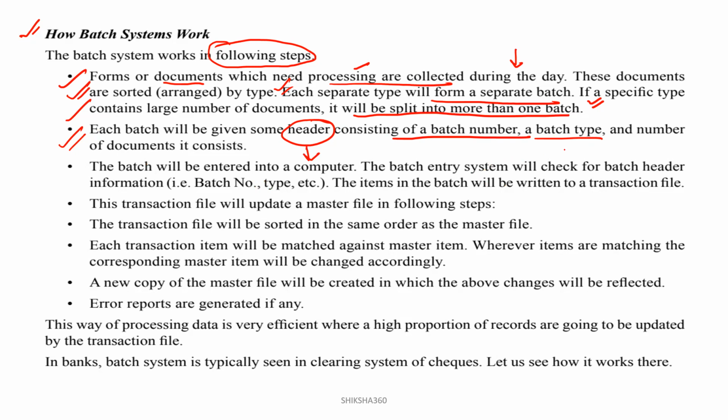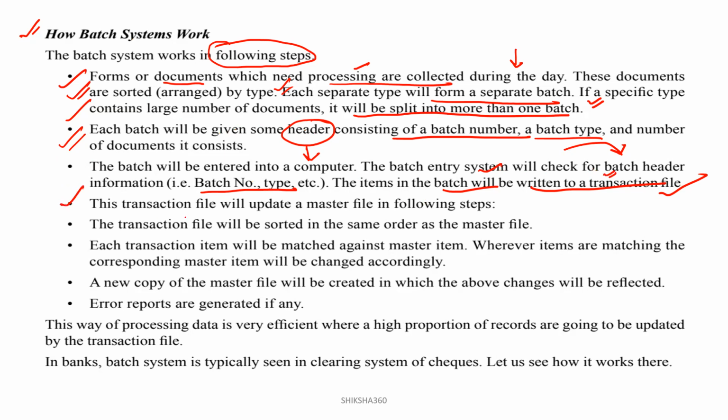The batch entry system will check the batch header information, that is, batch number, type, etc. The items in the batch will then be written to a transaction file, so that they can be processed further.